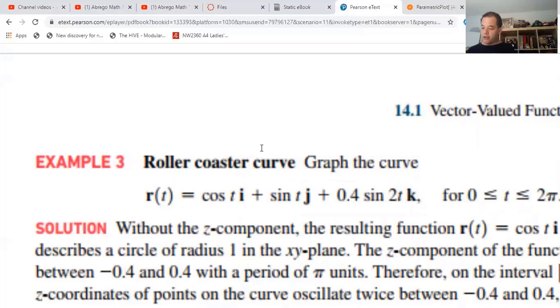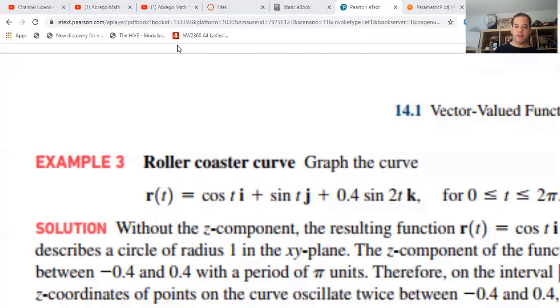It says the roller coaster curve, and it says r of t is cosine t i plus sine t j plus 0.4 sine 2t k between 0 and 2 pi. Okay, good.